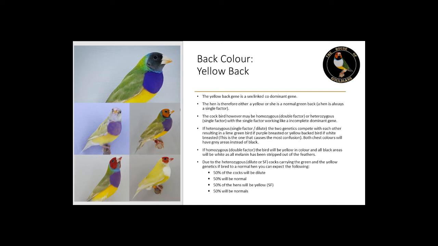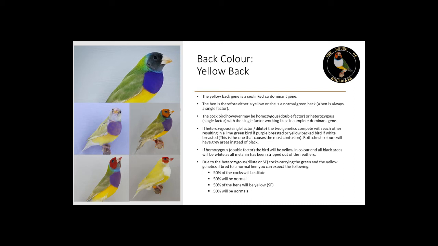So in other words, it's homozygous for yellow or double factor. In the hen bird, a hen can only ever be single factor because of the yellow gene being sex-linked to the second chromosome on the male. So she would either be a yellow bird or a green bird. You will never get such a thing as a dilute hen.